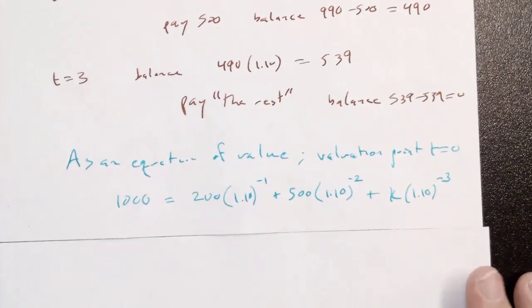If a time diagram would help, we can make one for this same process. Since my goal is to solve for k, I'm going to multiply everywhere by 1.1 to the third, which is the same thing, by the way, as making the valuation point time equals 3.